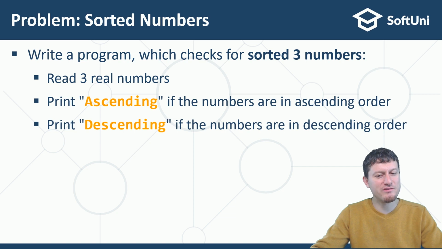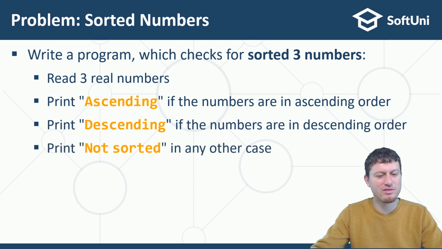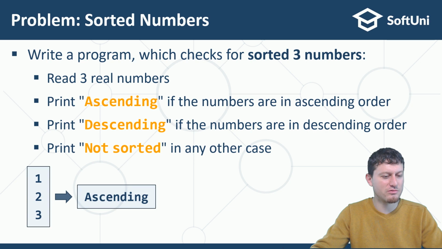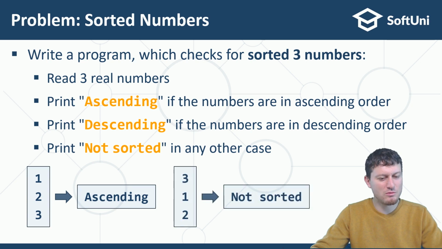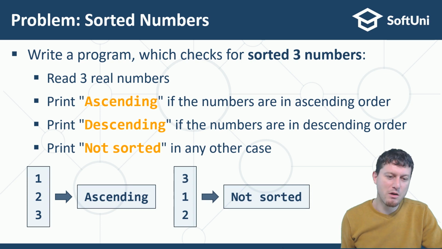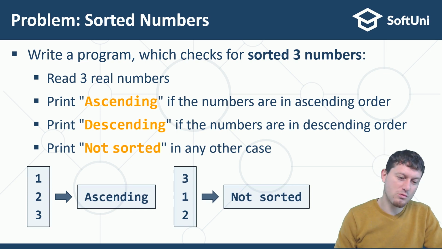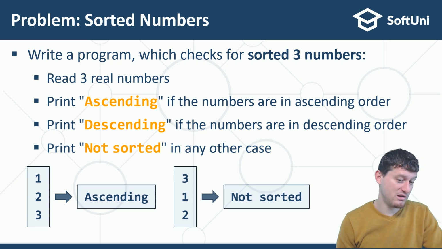We print descending if the numbers are in descending order, and not sorted in any other case. So 1, 2, 3 is ascending, and 3, 1, 2 is not sorted. 1, 1, 2 is also ascending. It's not well explained here that 1, 1, 2 is still ascending.